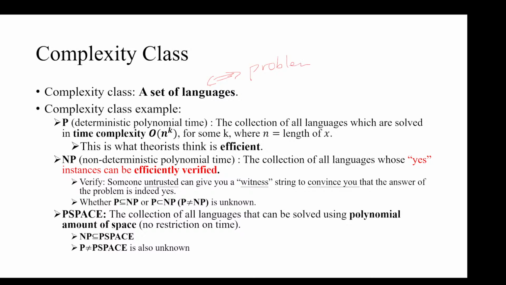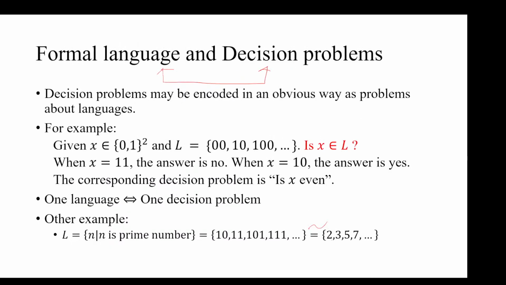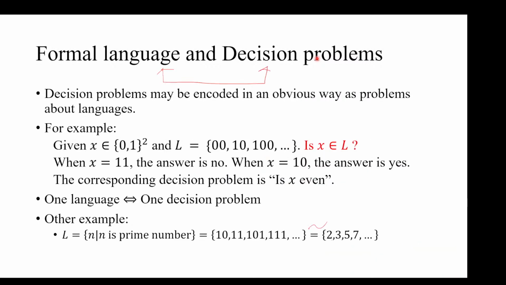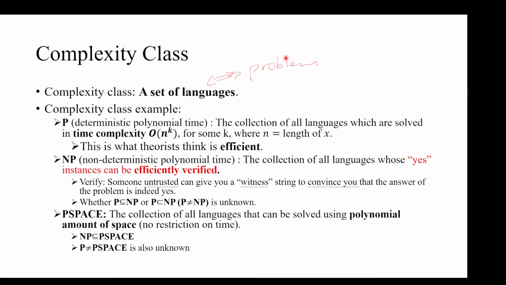Remember we talked about this correspondence between formal language and decision problem. So the idea of a complexity class is really a set of problems, where we group some problems together because we think they are about as hard as each other.